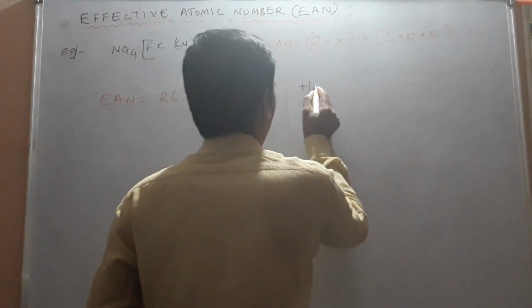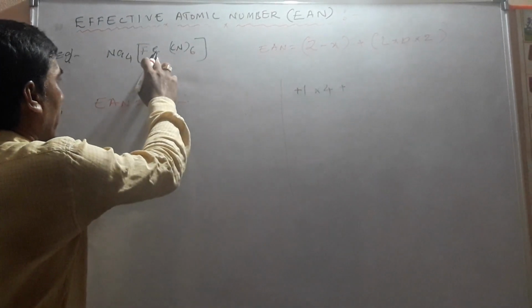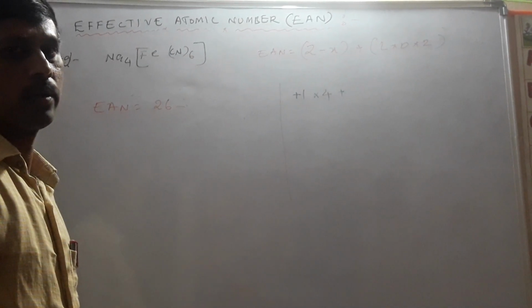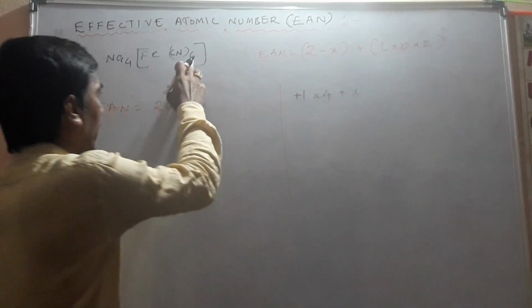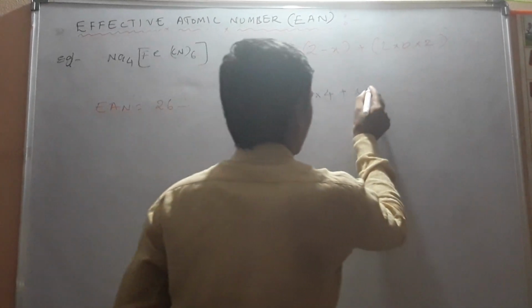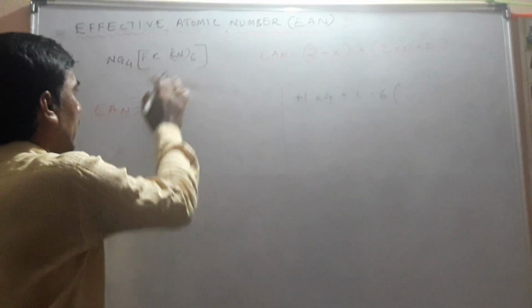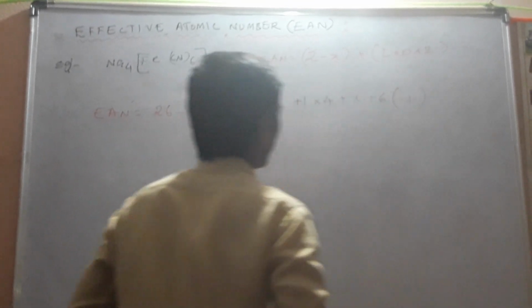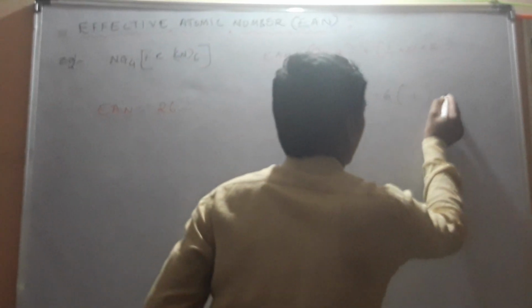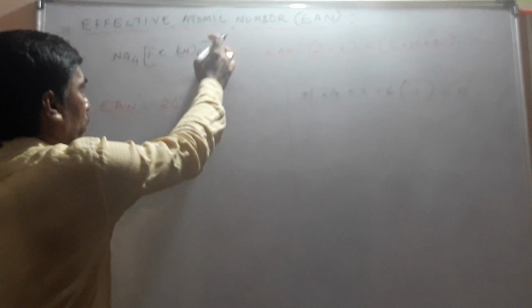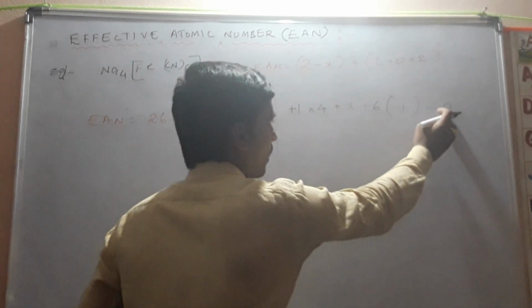That is +1 into 4 plus X, the oxidation number we are finding out. Next, how many ligands are there? Total 6 cyanide ligands are there, that's why we are using 6. Next, -1 means it is a monodentate negative ligand. Next, equal to 0 means it is a neutral compound. There is no charge.